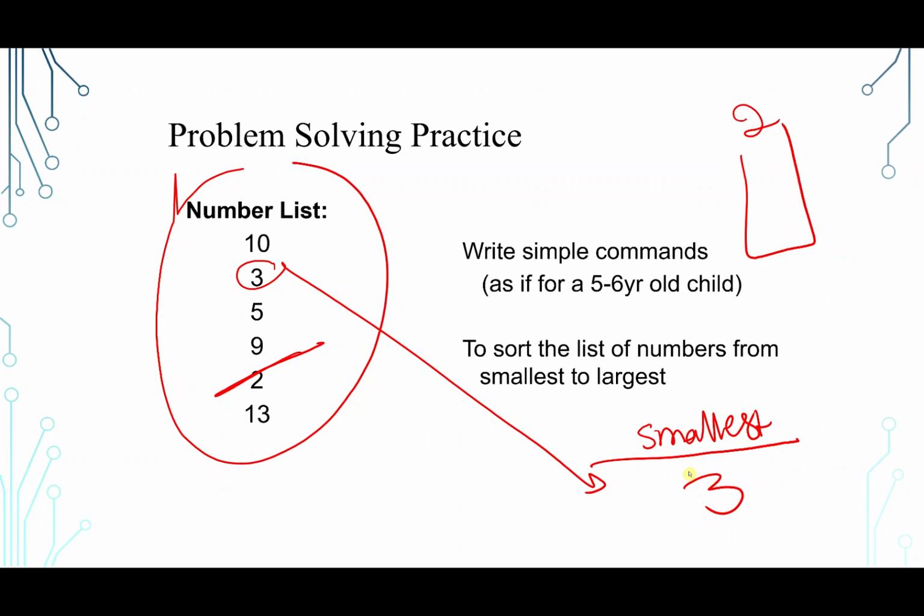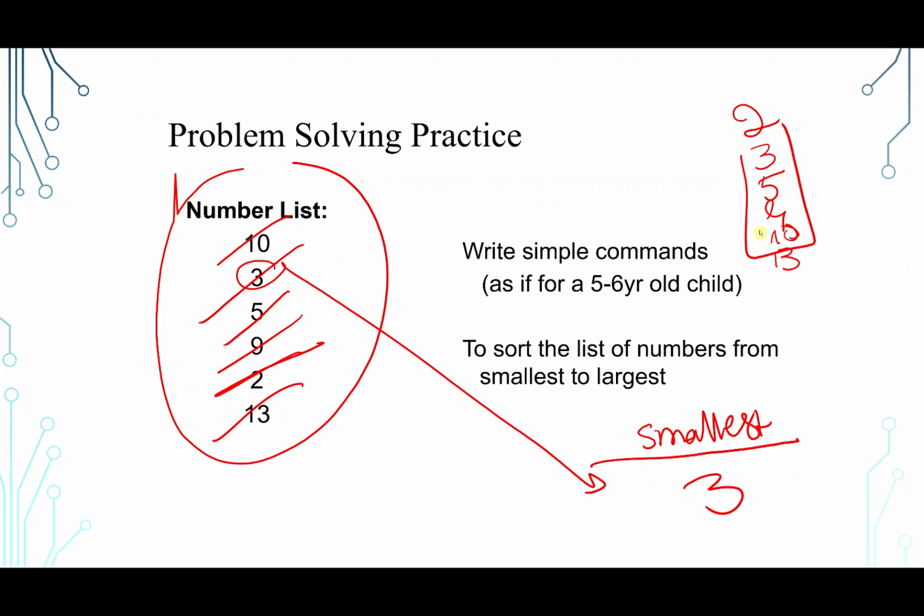Do we have any more elements? No. So 3. Now keep doing that. After we cross out the 3, you keep doing that: 10, then 10 and 5, and eventually it's 5. Now we cross out the 5, then 9, then the 10, and finally 13.